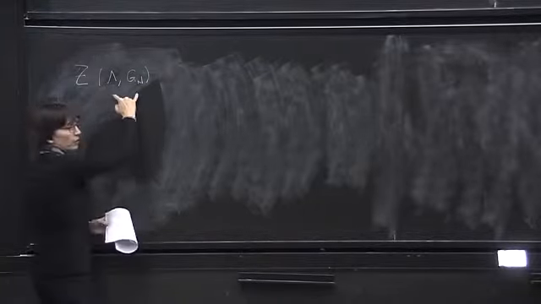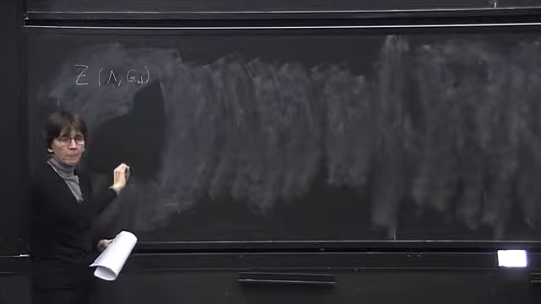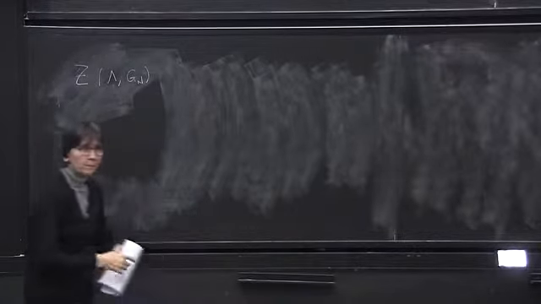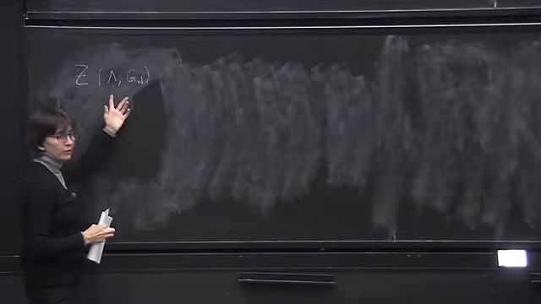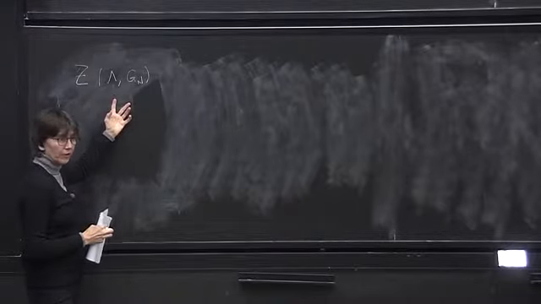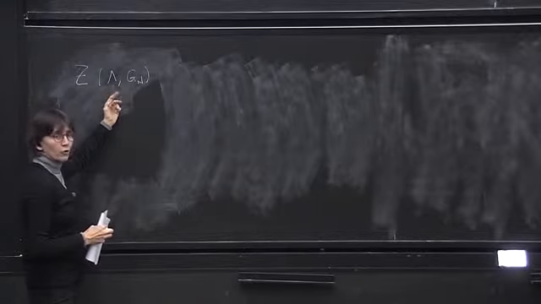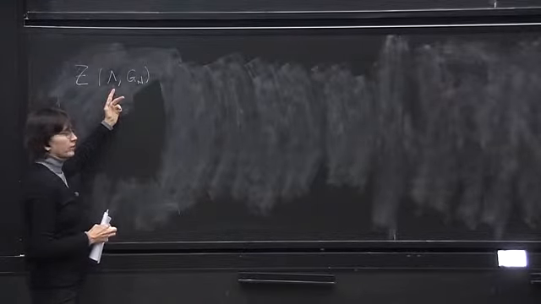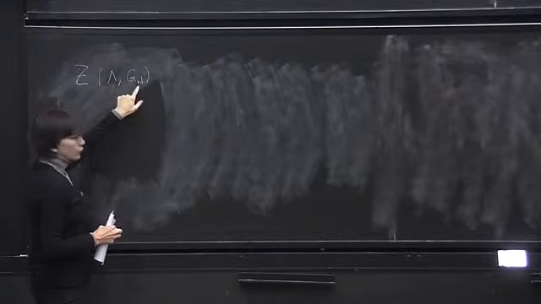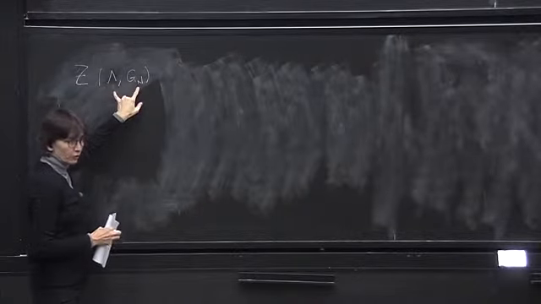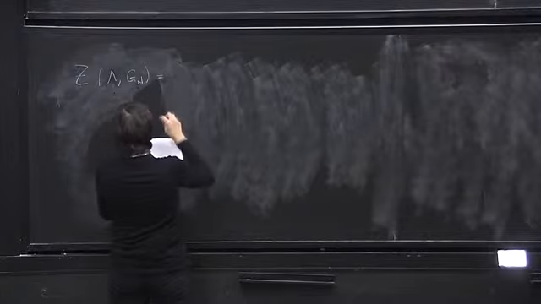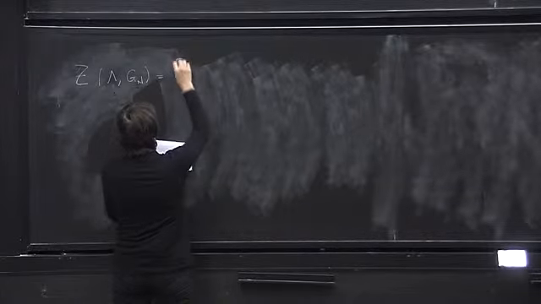It also depends on the parameters that appear in the action of the theory. If I refer to the Einstein-Hilbert action for gravity, with a cosmological constant term for generality, then the path integral would depend on the Newton constant and this cosmological constant. So let me keep this dependence explicit here.